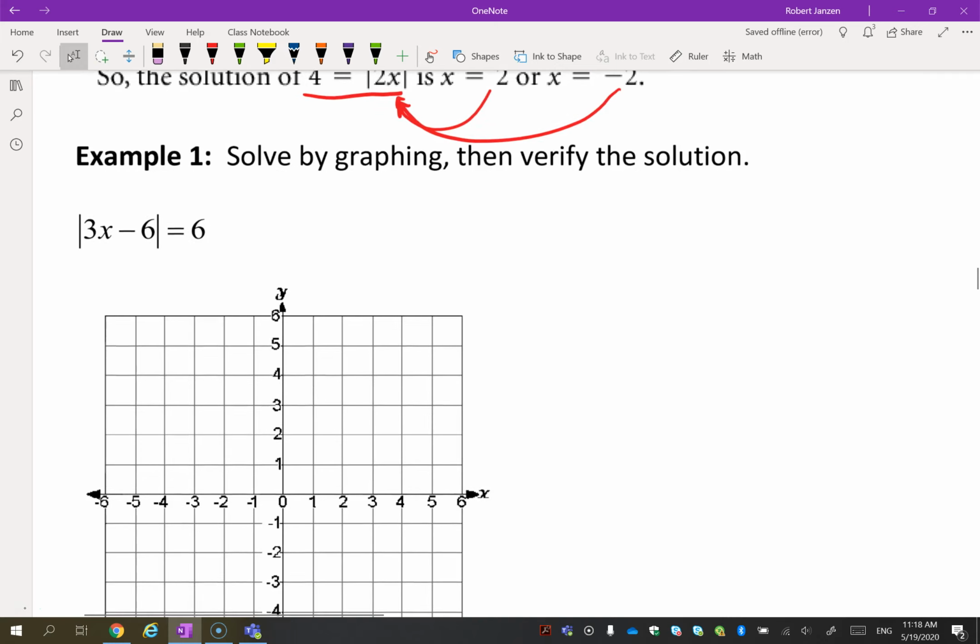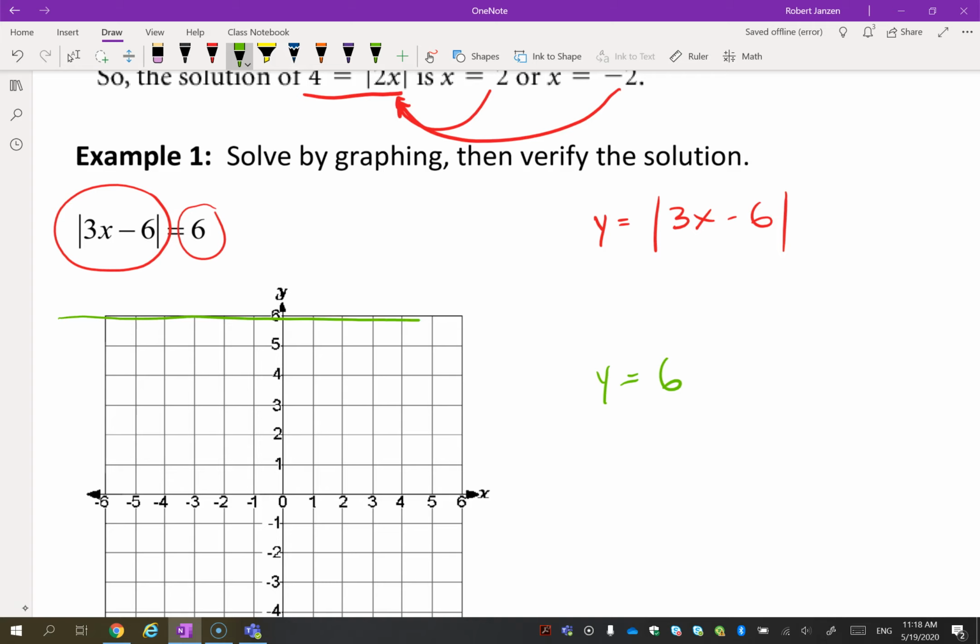Okay, so let's try this one. We're looking for where the absolute value of 3x minus 6 is equal to 6. So let's graph these two lines. Well, that one's easy. Here's y equals 6.